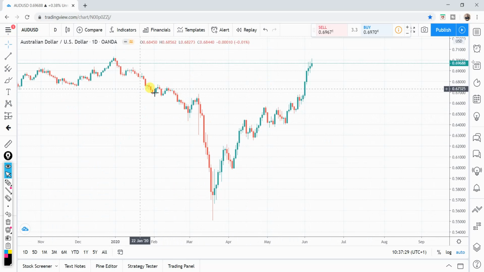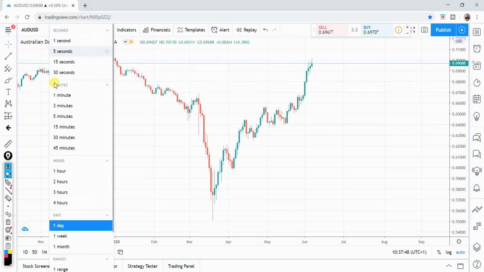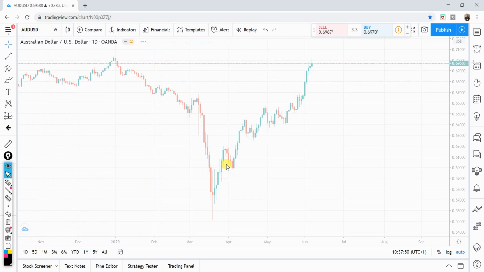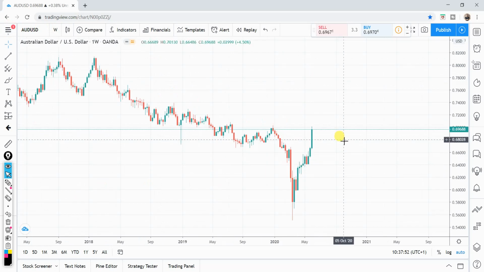And as far as the daily time frame goes, the entry is down at around 68.60 zone, so roughly down at this level. So it's good enough to use as the entry, and we're gonna see how it's gonna work out. The stop loss that I mentioned is about 60 or 70 pip stop loss. And as far as the target goes, we're gonna use the weekly time frame to identify our target.